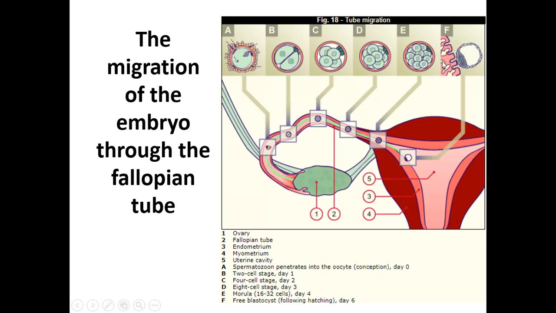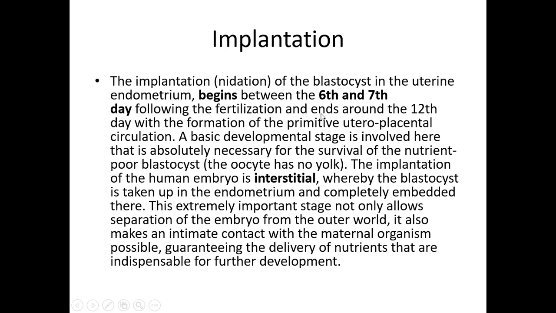After a few more divisions, we have the formation of 2 cell populations surrounded by zona pellucida, which is named the early blastocyst, and then it hatches and forms the late blastocyst. The late blastocyst attaches to the surface of the endometrium, the inner part of the uterine cavity, and implantation begins between the 6th and 7th day.